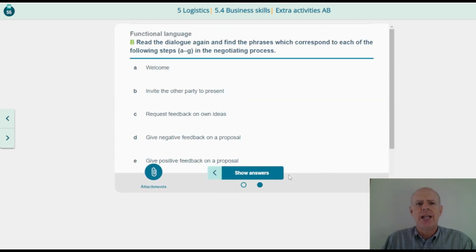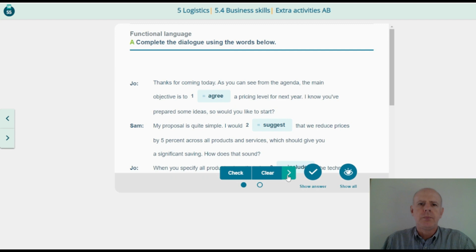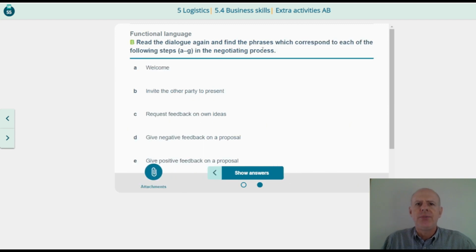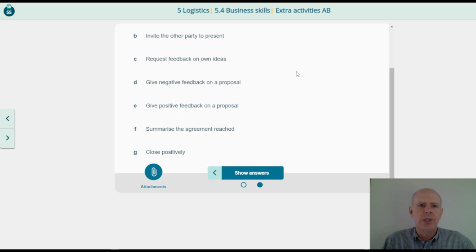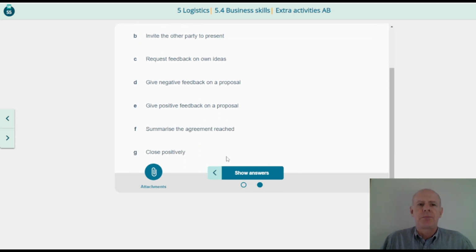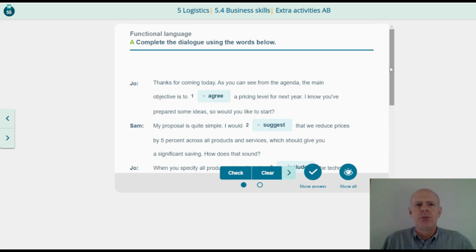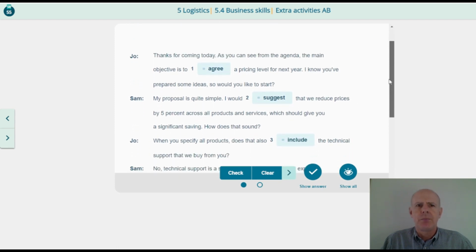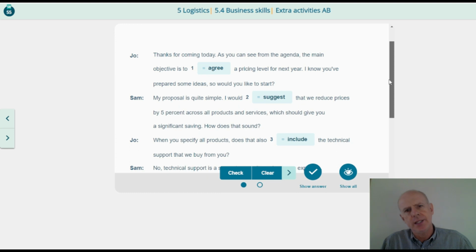But then after that, we have this. We should read the dialogue again, and then find the phrases which correspond to each of the following steps in the negotiating process. Okay, you are going to say we don't have the 12 steps here, but no problem.